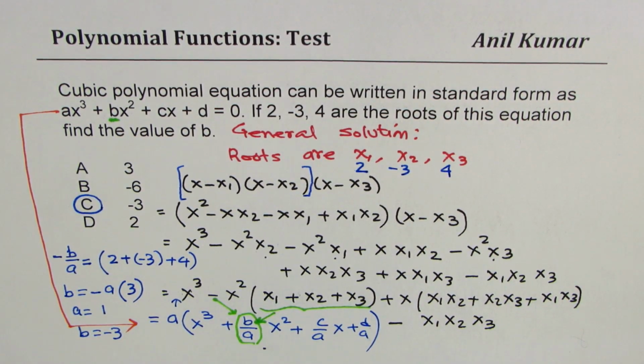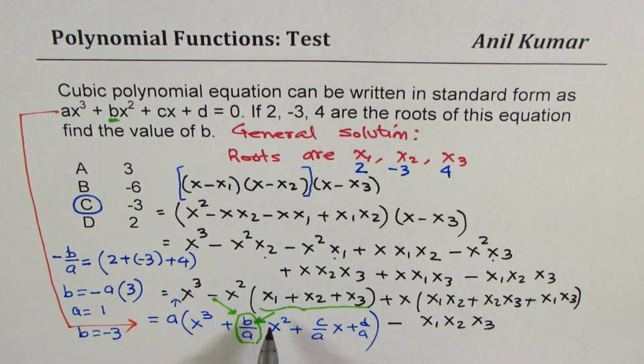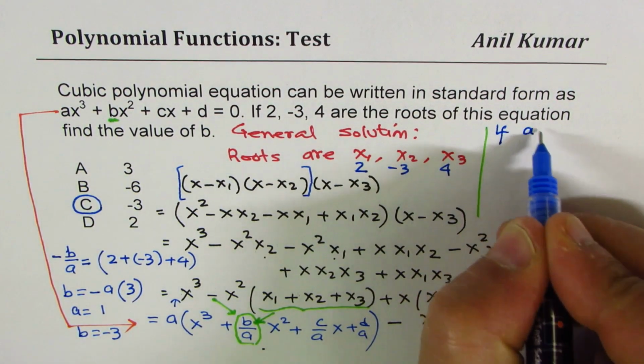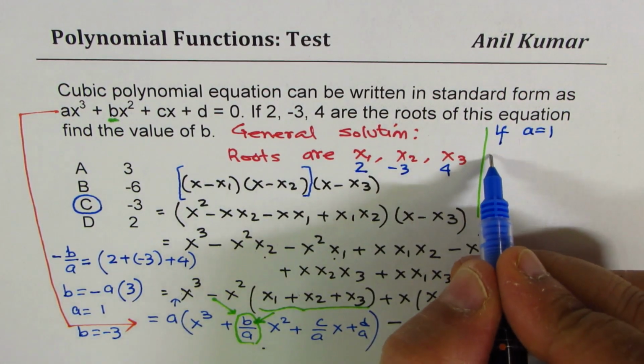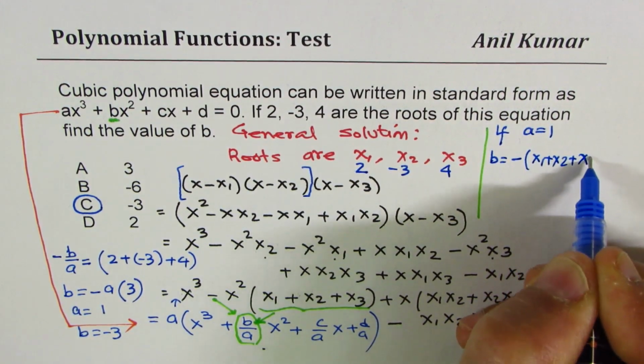In general, remember the relation between the coefficients, which let me summarize here. The coefficient of b is the sum of the roots times minus a. If we assume a equals 1, then b is equal to the negative value of x1 plus x2 plus x3.